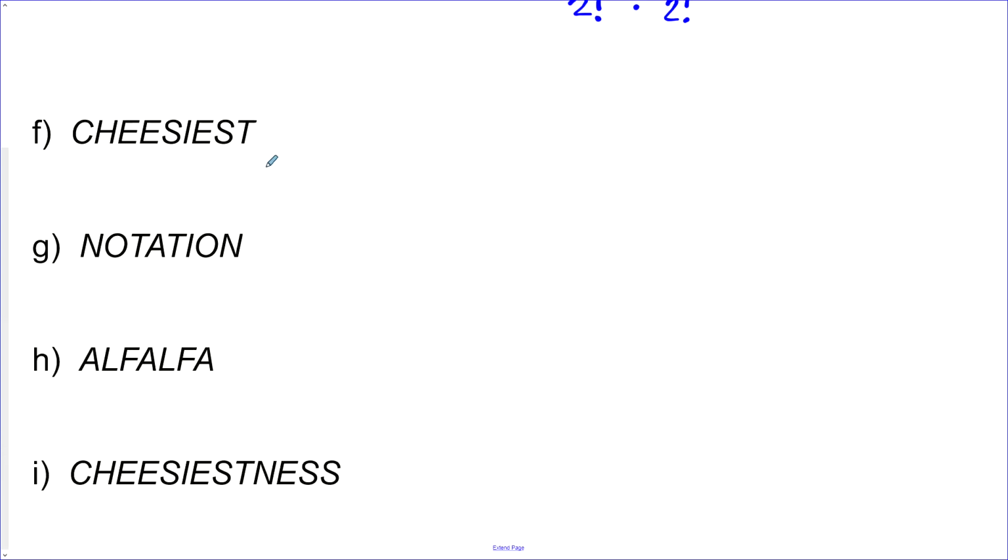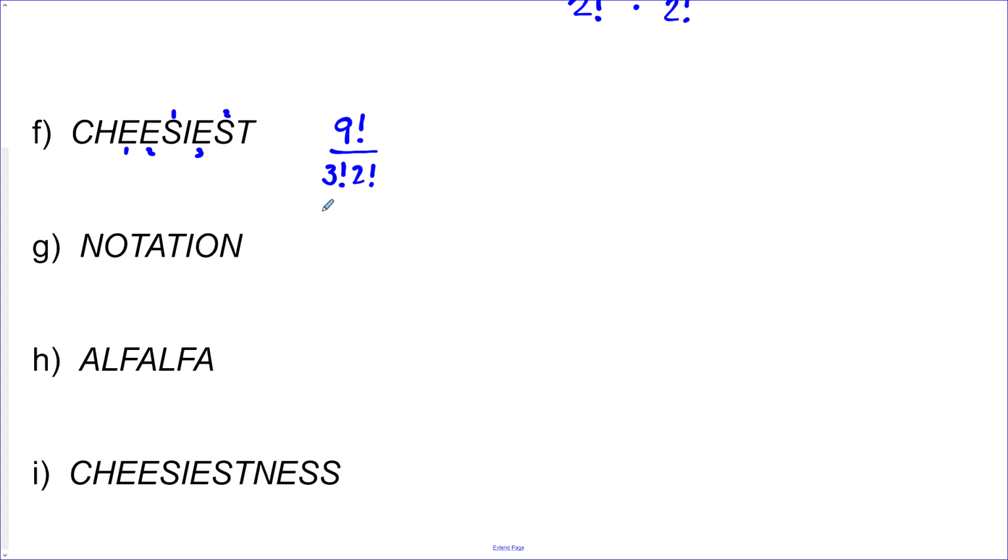Cheesiest has 9 letters, so 9 factorial ways to arrange those. And then let's look for the repeating letters. We have 1, 2, 3 E's, and so that means that the E's can be arranged in 3 factorial ways. We also have 1, 2 S's, and those S's can be arranged in 2 factorial ways.